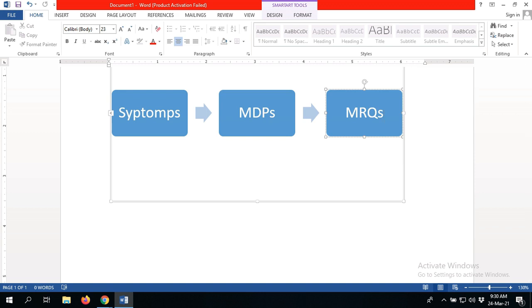So today we are learning action-oriented research. Firstly we will try to find symptoms, and then we will convert those symptoms into MDPs, management decision problems, and then into marketing research questions.